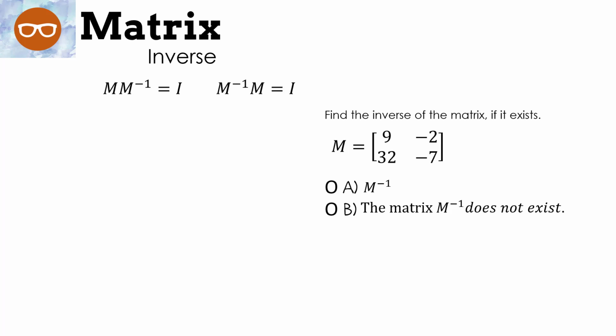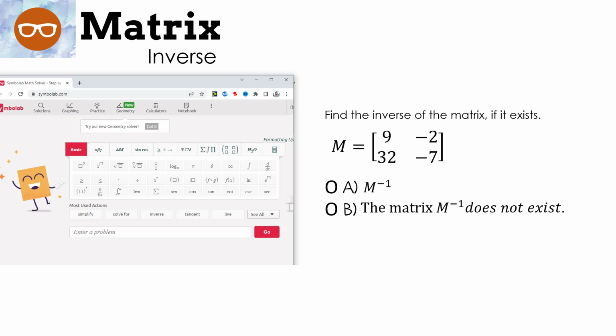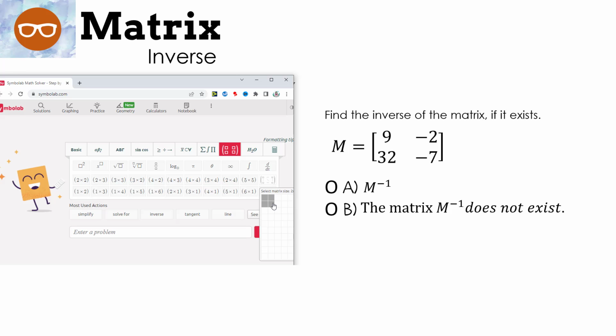Let's find the inverse of this matrix. We're going to go to Symbolab first. Now let's type in our matrix. I'm going to click right here. Now this is a 2 by 2 matrix, so I could either click here, 2 by 2, or I could go right here and just highlight a 2 by 2. Let's put in our numbers.